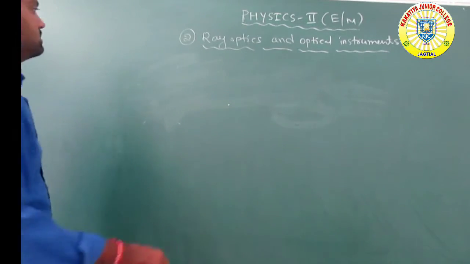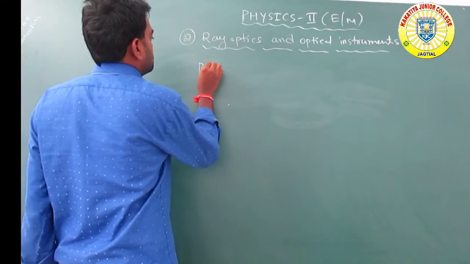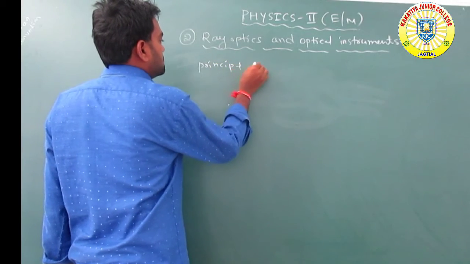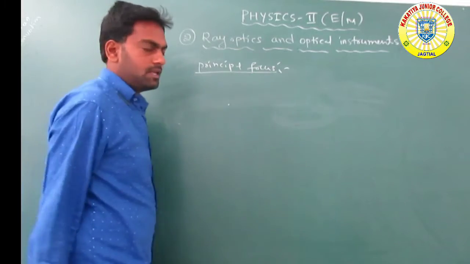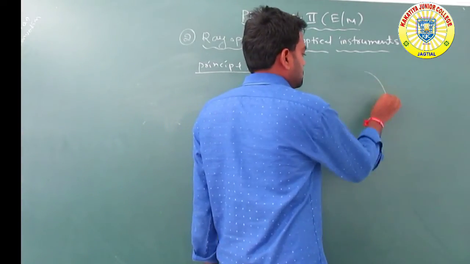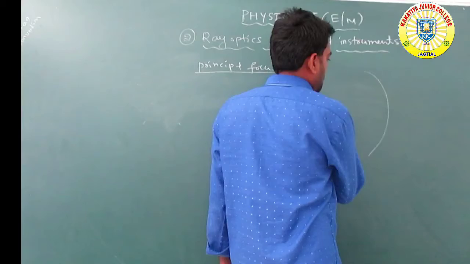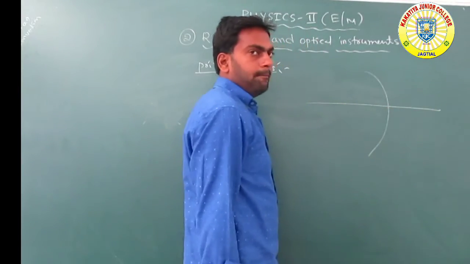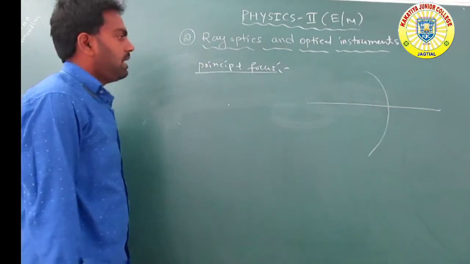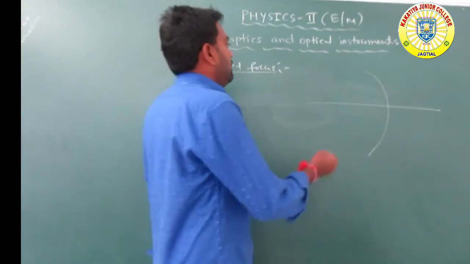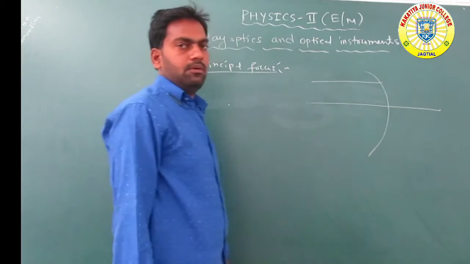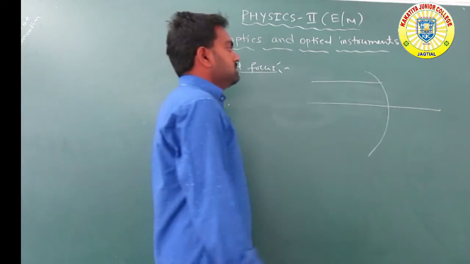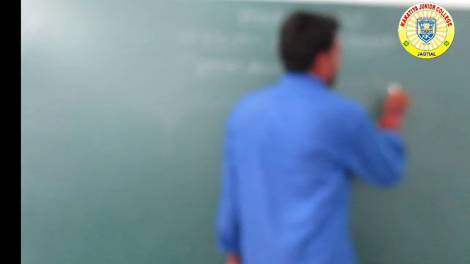Principal focus. What is the principal focus? Take a concave mirror, and this is the principal axis. An incident ray parallel to the principal axis is reflected and merges at one point.